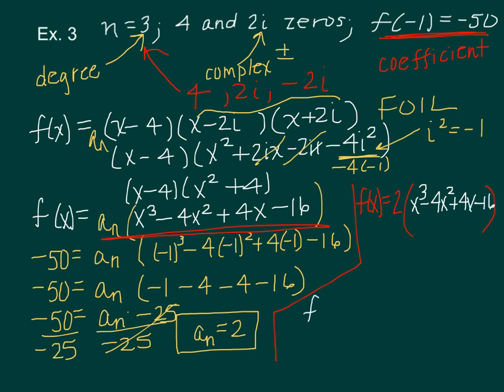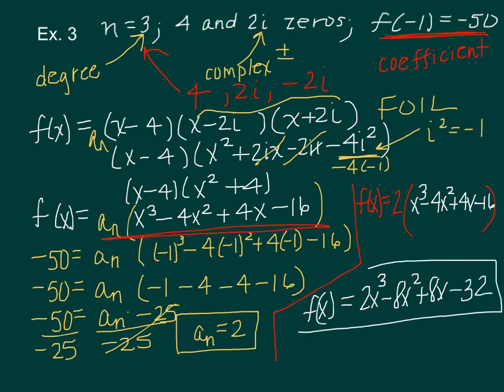So my final polynomial function is 2x cubed minus 8x squared plus 8x minus 32. So that is my polynomial function with the zeros 4, 2i, and -2i.